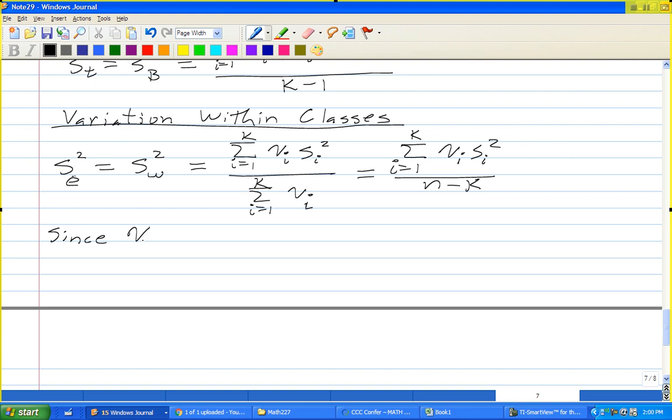Degree of freedom for the error is the sum of each of the degrees of freedom for each of those k categories. And so that's just the sum, i equal 1 to k, of n sub i minus 1.